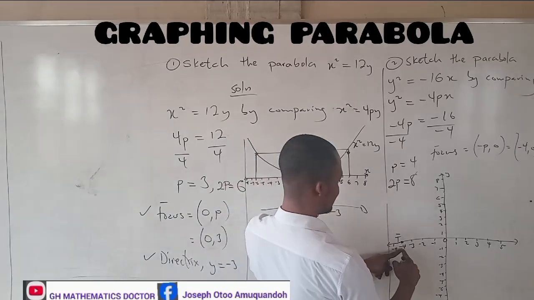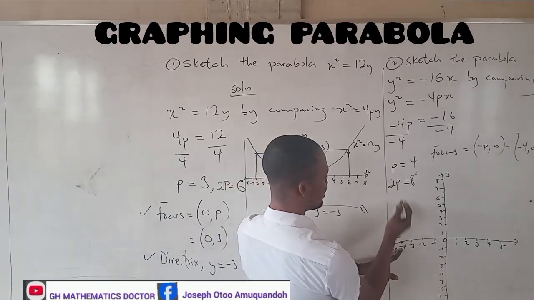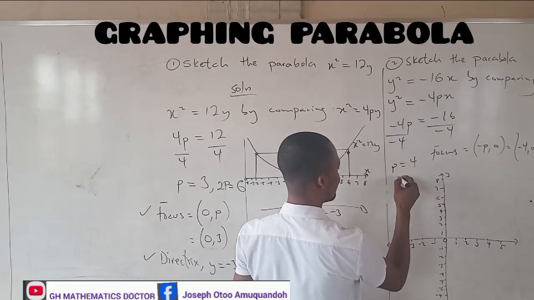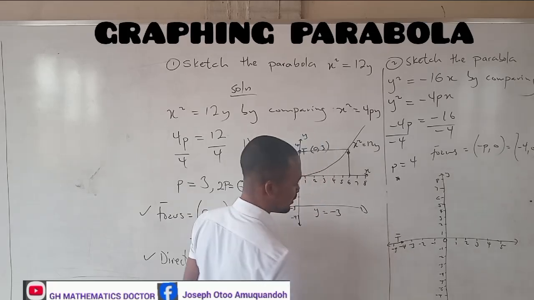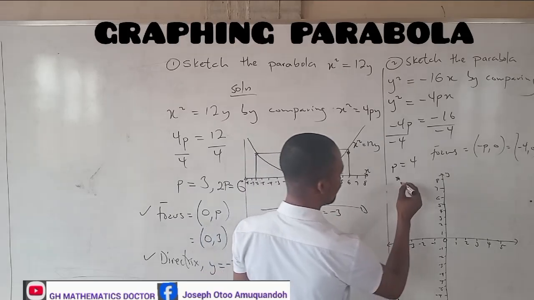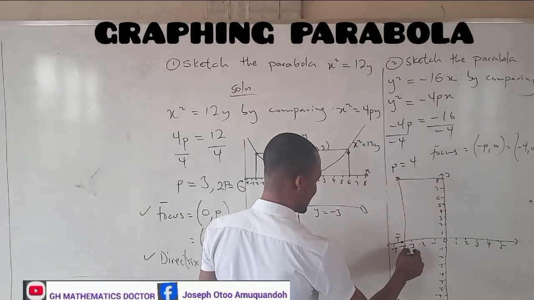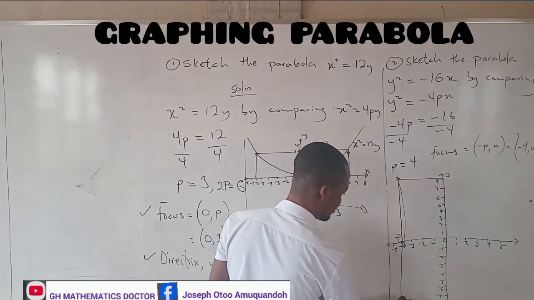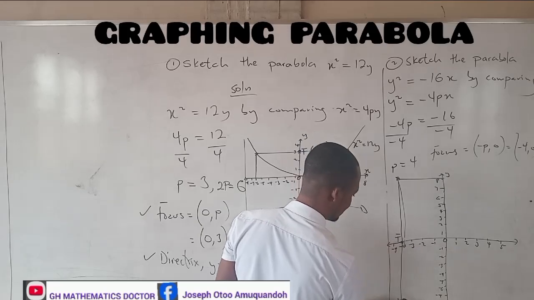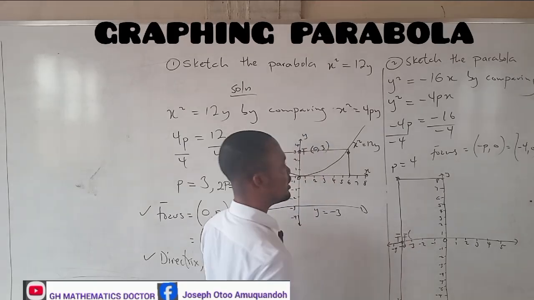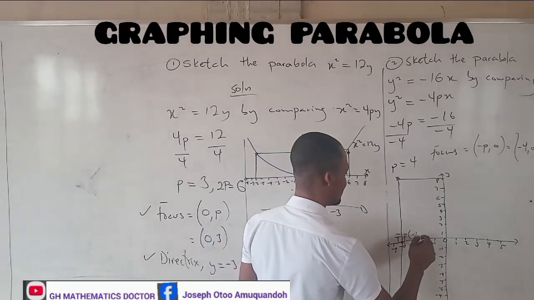So we have this place to be negative 4, and we doubled it up. The 2p is 8, so our 8 will come somewhere here, and another 8 will be at this place. Then use this to complete your rectangular box. So we have this focus, and the coordinate is negative 4, 0.